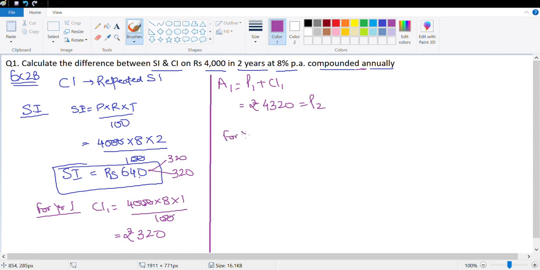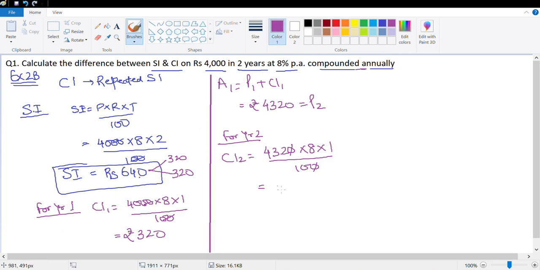Now let's look at year 2. So for year 2, compound interest 2 would be equal to principal, in this case 4320, multiplied with 8 multiplied with 1 upon 100. So that's 432 into 8, that's 320, and 30 into 8, that's 240, so 344 and 16.